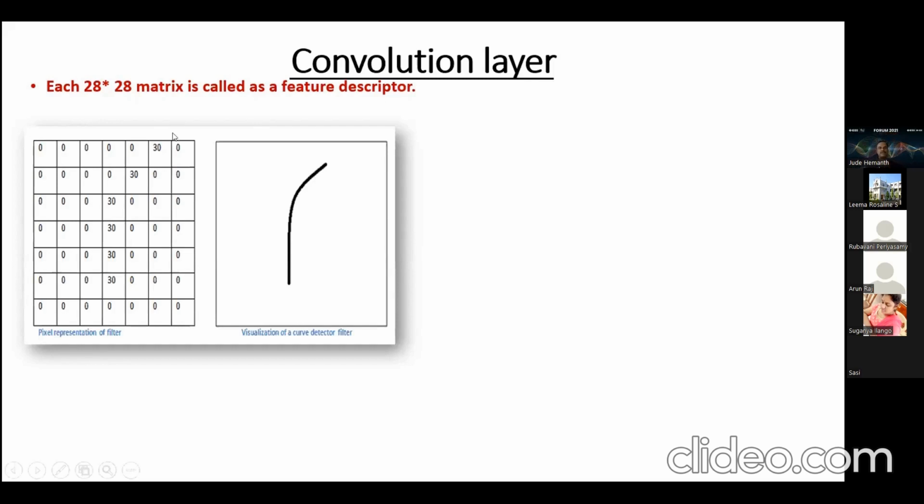I will repeat once again. I have an original image of an animal, and to that original image I am doing the convolution process with this filter. When some overlapping takes place, some portion of that animal is visible here. Can you find out what this animal is?